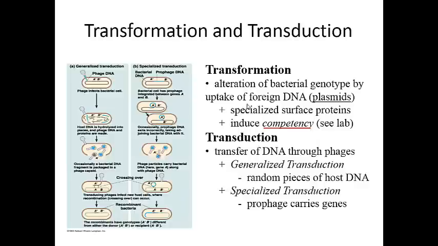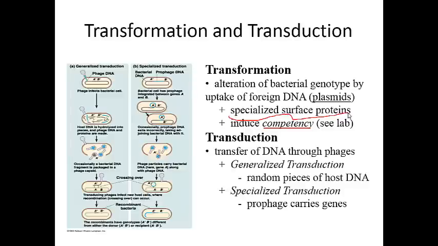When you do this, it opens up specialized surface proteins on the cell membrane that allow the bacteria to take in these plasmids. Once the bacteria has taken in these plasmids, they can express the genes on the plasmids and they'll have a new trait. That trait might allow them to do something like be resistant to antibiotics.